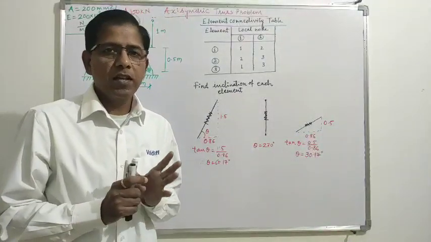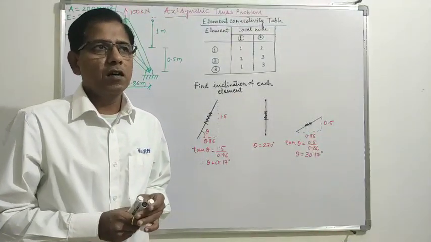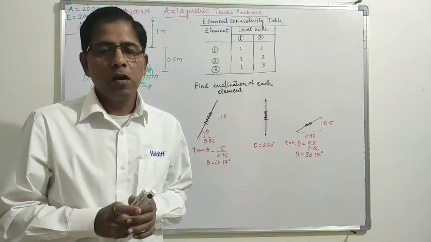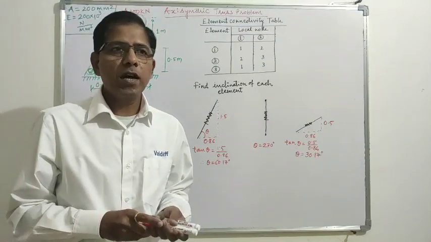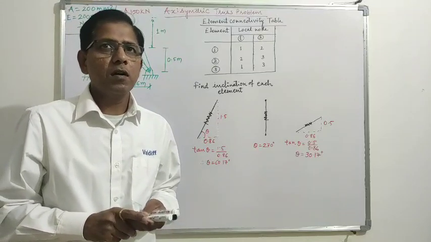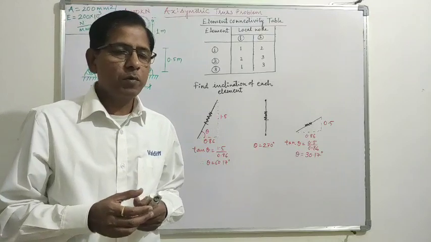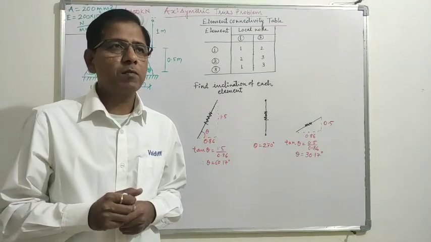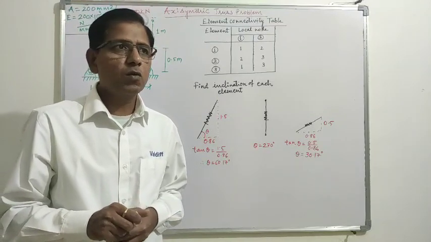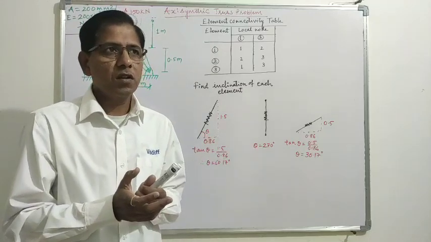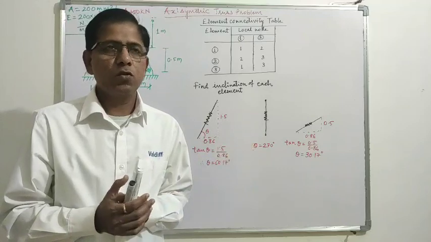Hello students, in the last lecture we have seen the FEM implementation on truss problems. We know that sometimes the number of members in a truss will be very high, and it is difficult to analyze a truss structure by calculations.